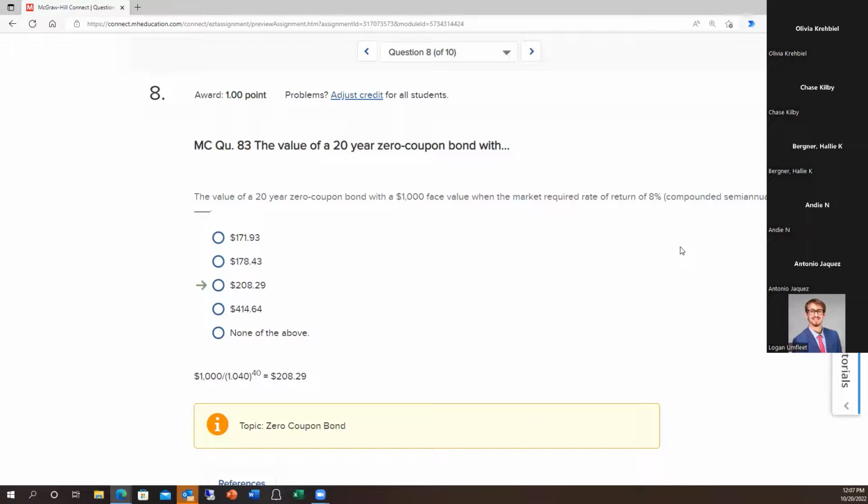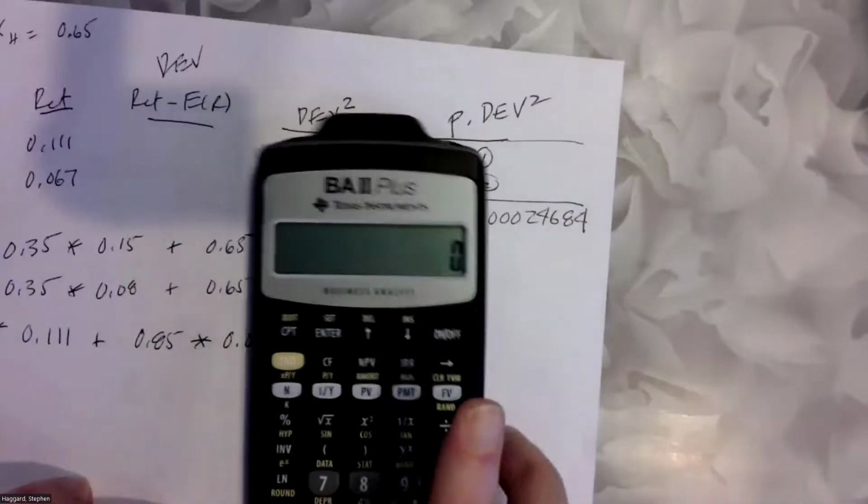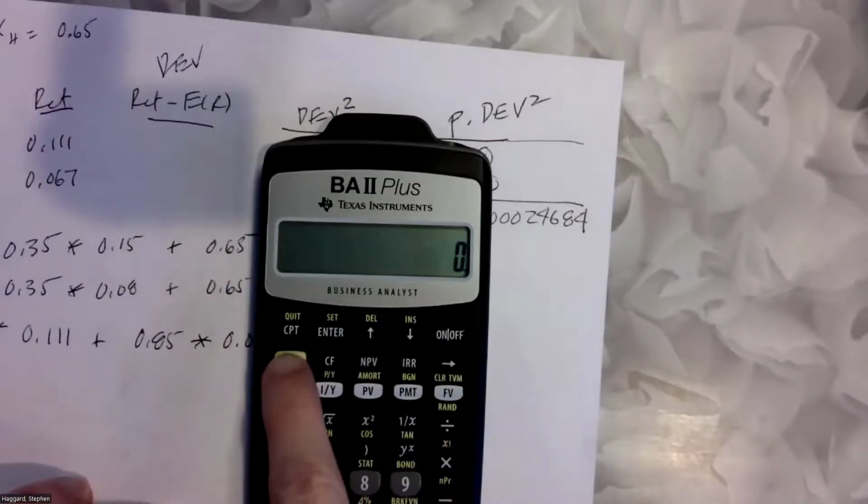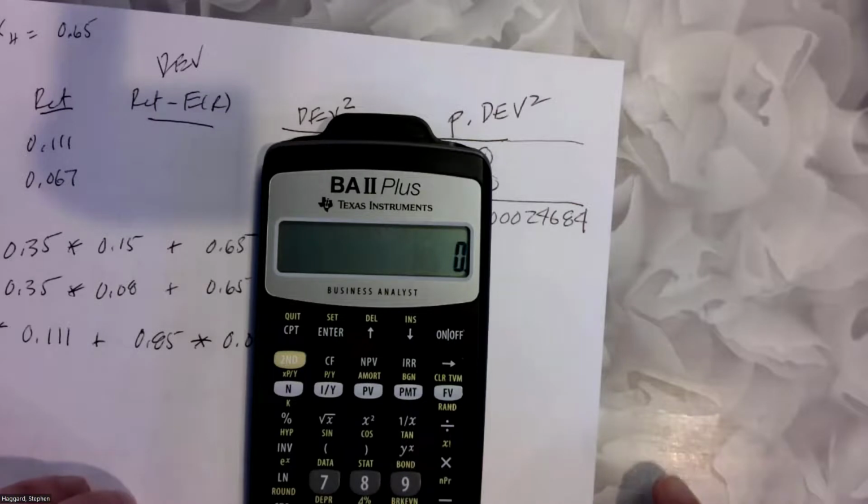Now, because we're pricing it semi-annual though, what are we gonna have to do with that 20? Double it. Yeah, we gotta double it. And what are we gonna have to do with that market required rate of return? Divide it by 2. Yeah, divide it by 2. So I'm going to stop sharing my screen and go back to the calculator. First thing I always do for bond questions, second, clear TVM.